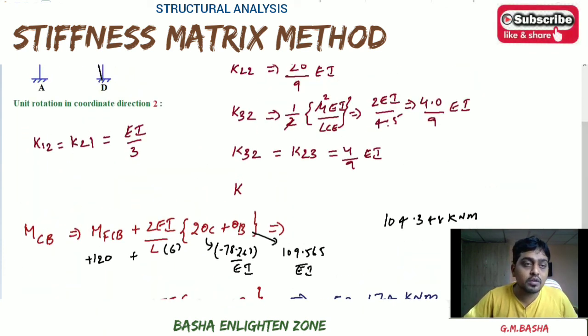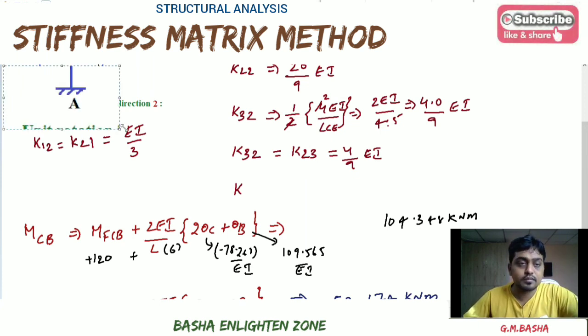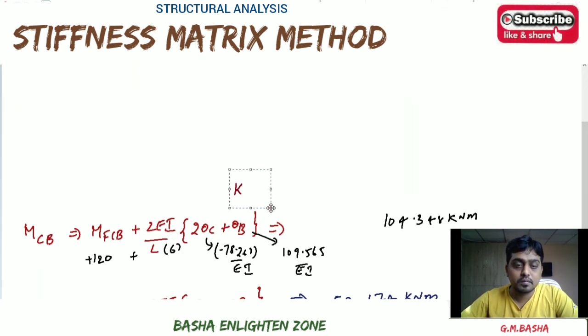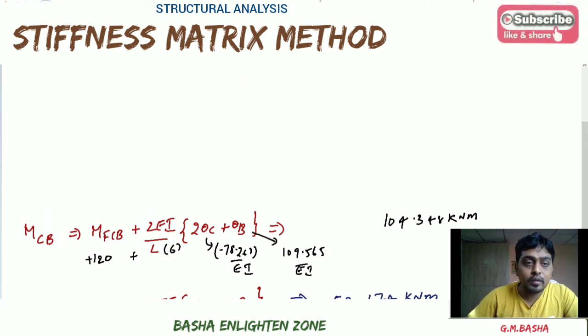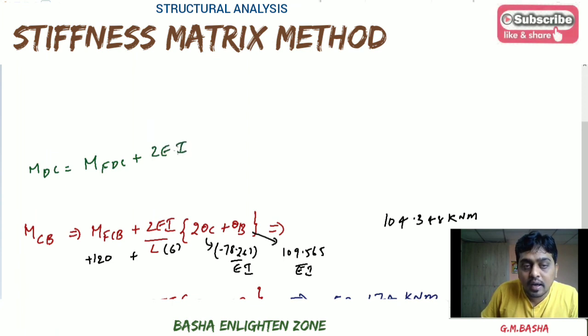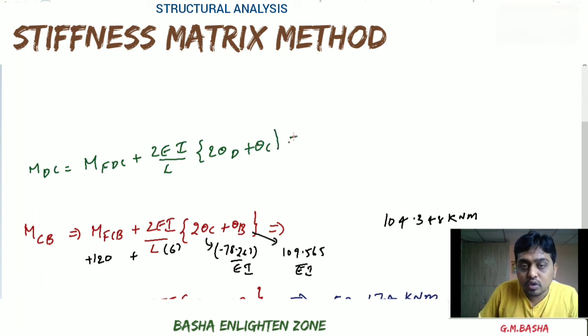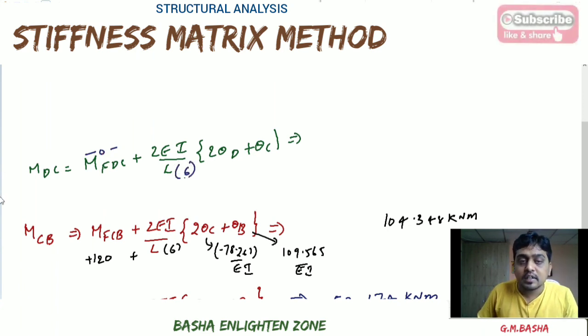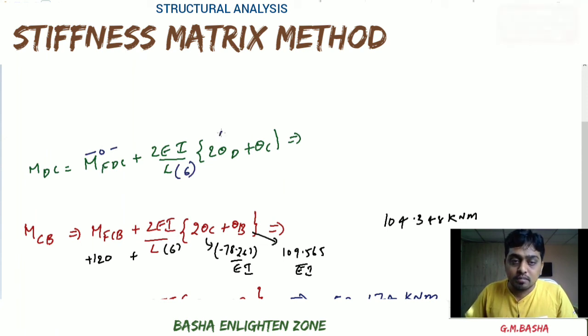If you simplify all the values directly, you will get your final moment for MDC, that one will be equal to fixed moment DC plus 2EI by length of the span DC into 2 theta D plus theta C. So that value will be equal to, here fixed moment DC will be 0 plus 2EI by length of the span, that is 2 by 6 into, I am writing theta D value here, that one will be 0, and theta C value will be equal to minus 78.261 by EI.